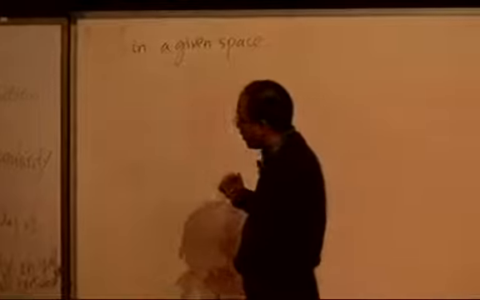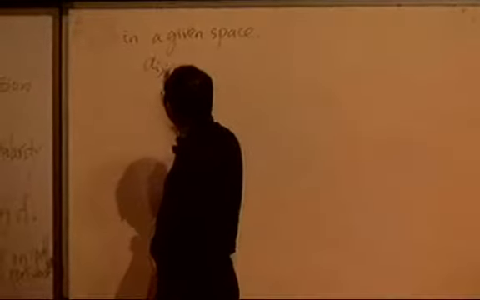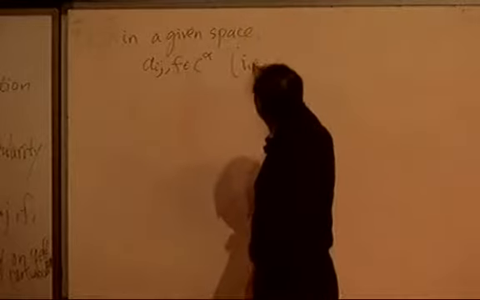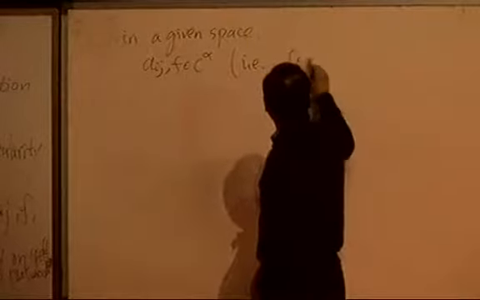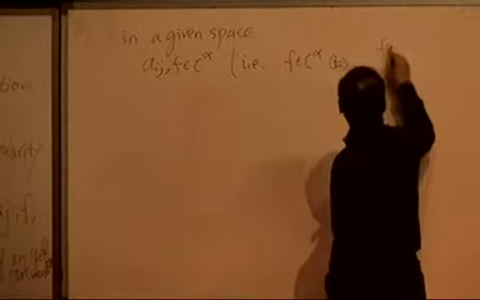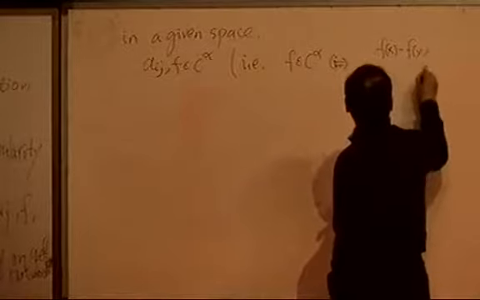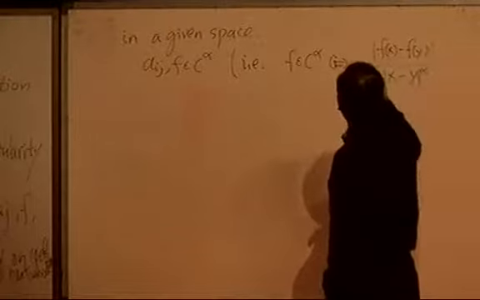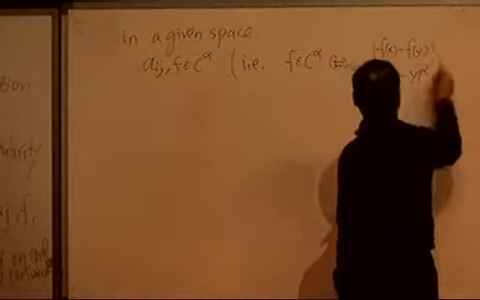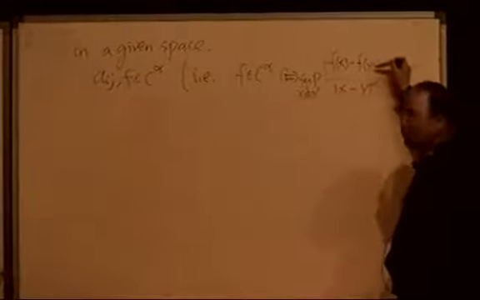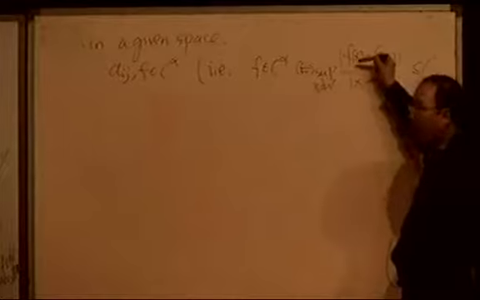So then, if A_ij and f are C alpha, it means f is C alpha: |f(x) minus f(y)| is bounded by a constant times |x minus y| to the alpha. So x is different, y is fixed, and this is a constant. In other words, the value of f at y is converging to the value of f at x in this fashion.